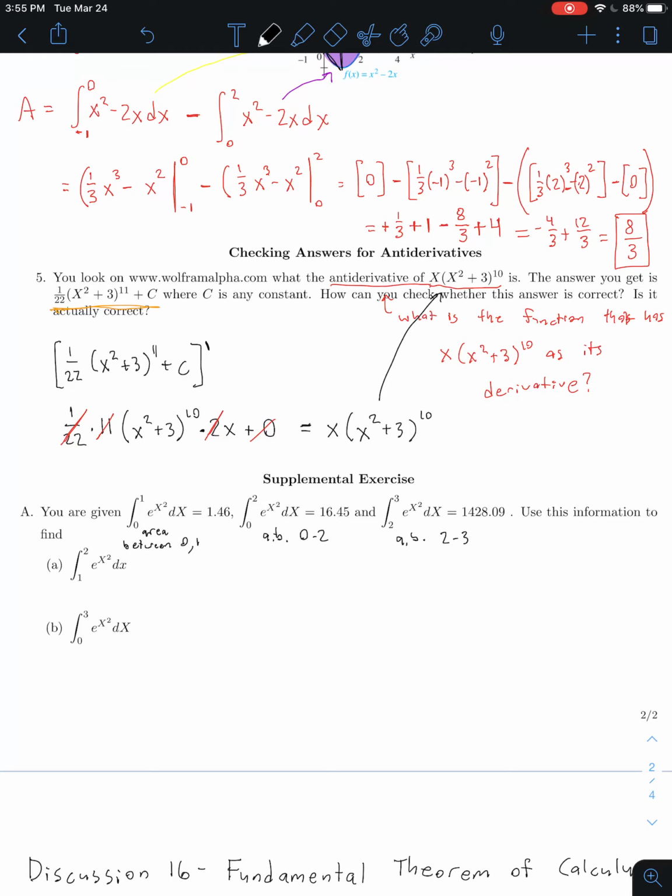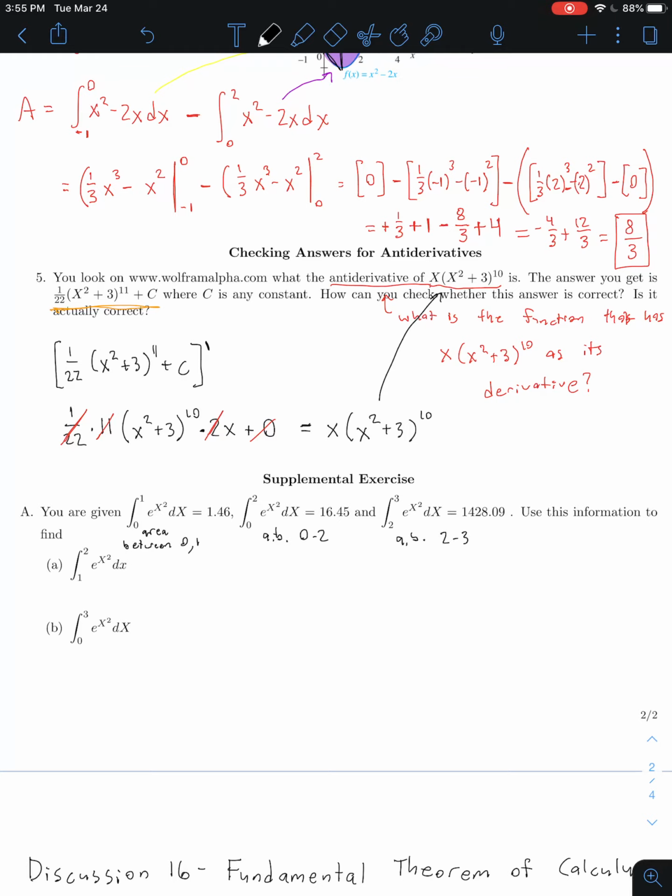So if I draw a little picture for this, here's my number line: 0, 1, 2, and 3. The first one tells us that between 0 and 1, the area is 1.46.